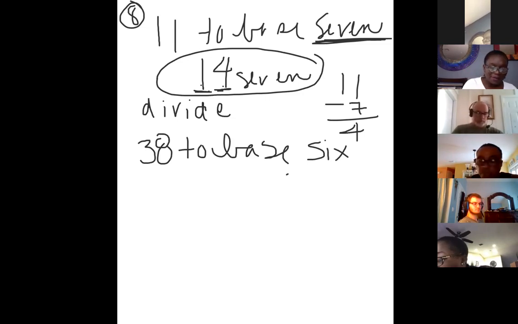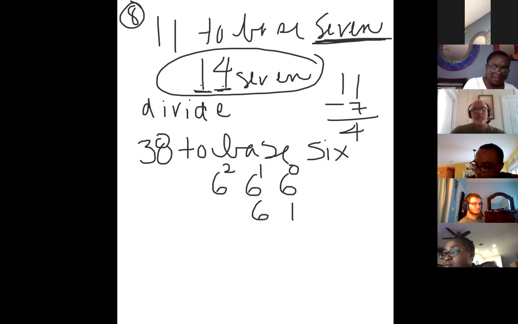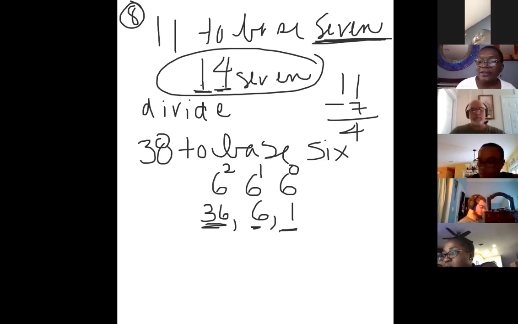So the place values would be 6 to the 0, which is 1. 6 to the first power, which is 6. And then 6 to the second is 36. So we're going to use the numbers 36, 6, and 1 to create the number 38.